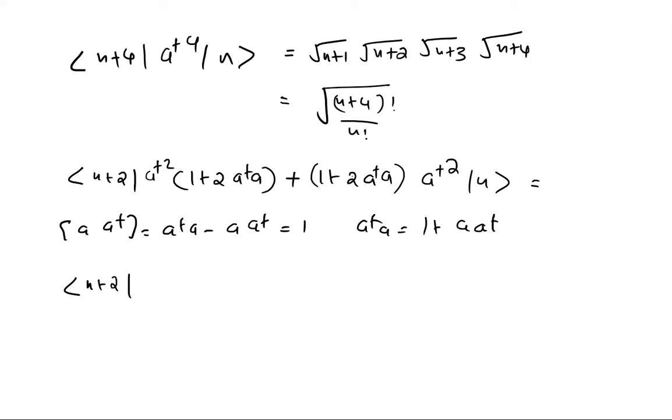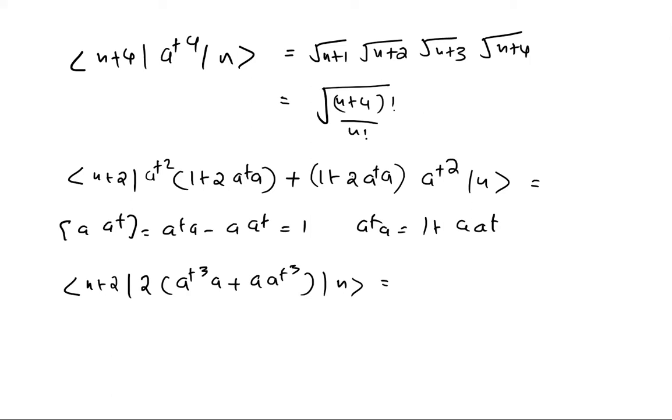The overall term, all this operation will become 2 times a dagger cube a plus a dagger cube, with n, right? Okay, this is how it comes.